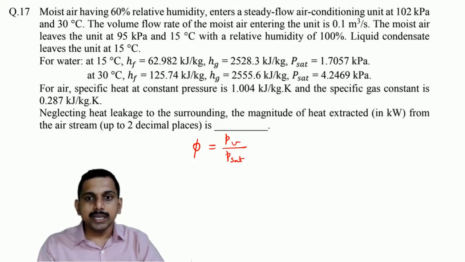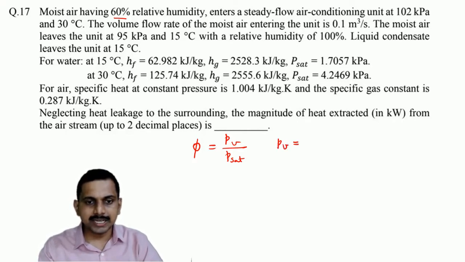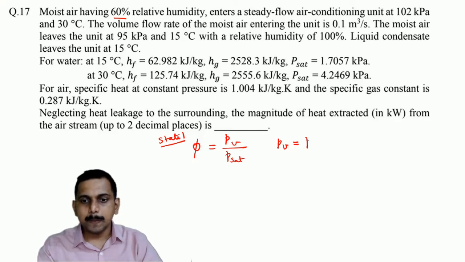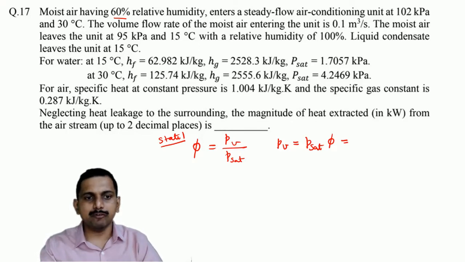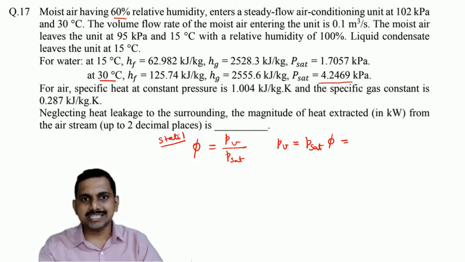So now initially 60% relative humidity is given. If I want to find out the pressure of the vapor at state 1, the pressure of the vapor comes as equal to P saturation into phi. And this P saturation at state 1, which is at 30 degrees centigrade, is 4.2469.